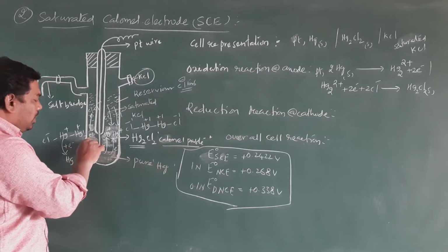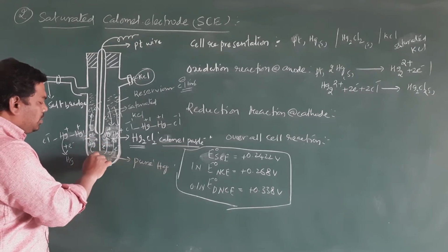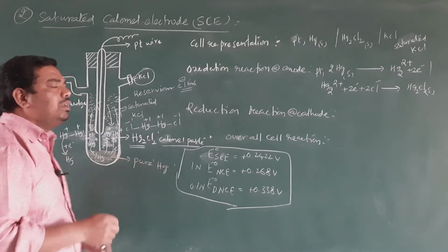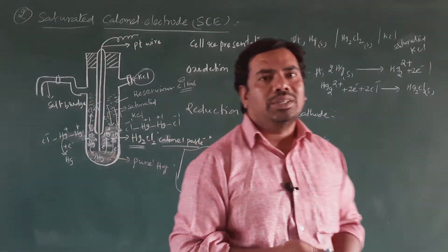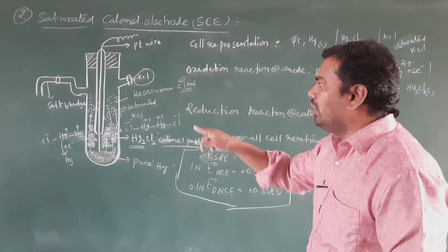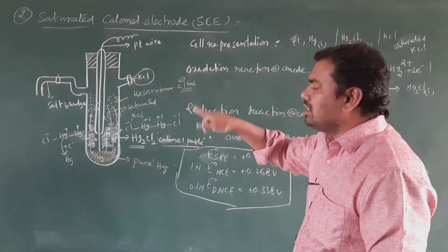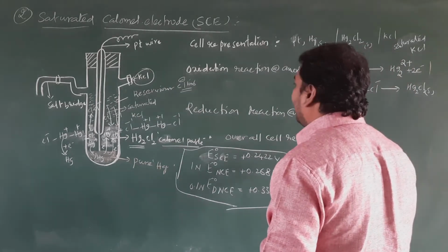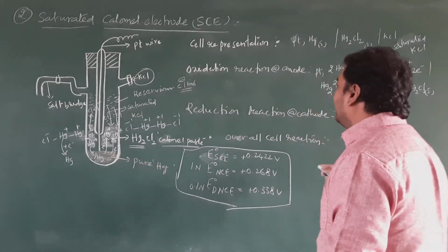So this Hg plus is converted into Hg, which means a reversible reaction takes place. Here I will write the reduction reaction at the cathode.